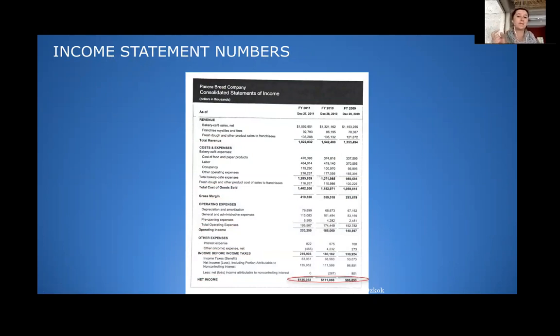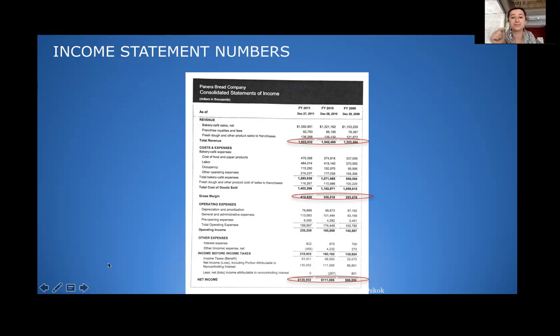Looking at net income is important because it tells you if the company is profitable and sustainable. Even if total revenues increase, if your expenses increase more than your revenues, then your net income decreases. So it's good to look first at net income, then revenues, and we see that net income of Panera Bread Company is increasing over these three years, and total revenues also.